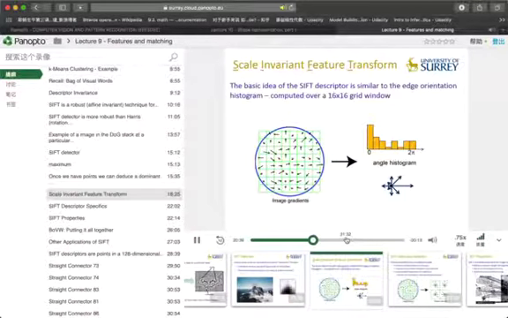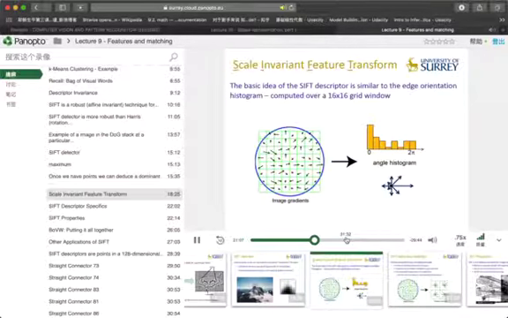So we've got a 2 by 2 cell, 2 by 2 cell. We've got 16 groups, and for each of those groups we calculate the histogram. So what we end up with is 16 groupings, each of which has an 8-dimensional histogram, and from that we derive 16 times 8, which gives us 128 values, our 128-dimensional descriptor that comes out of the SIFT algorithm.